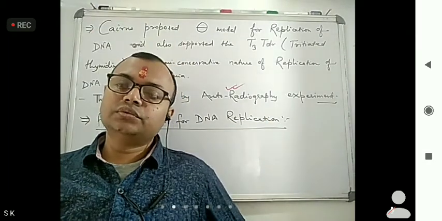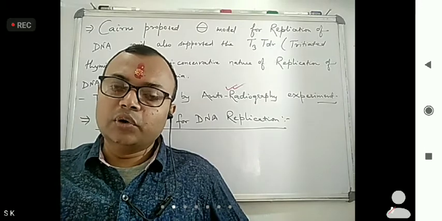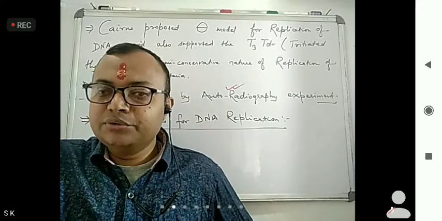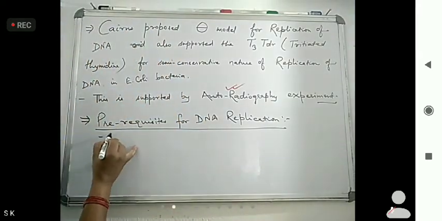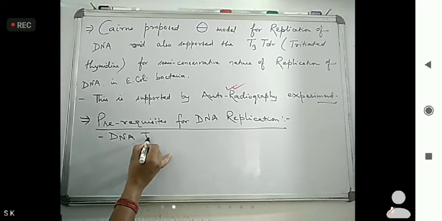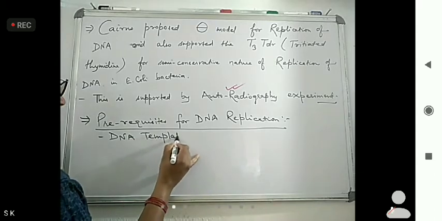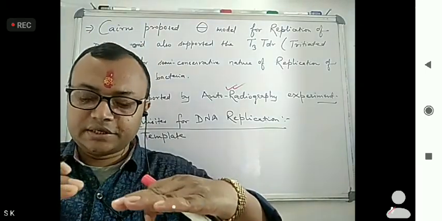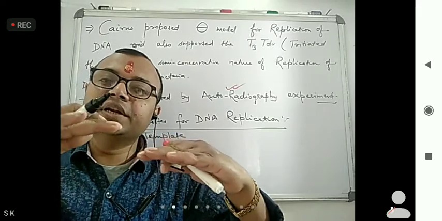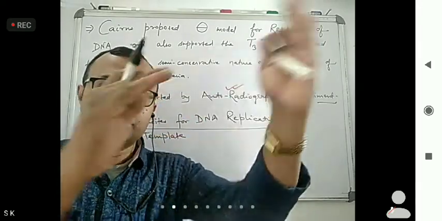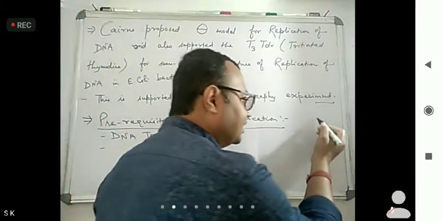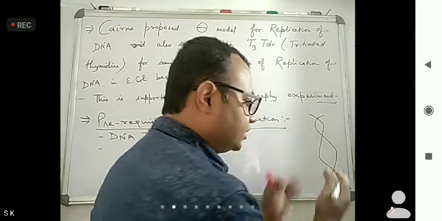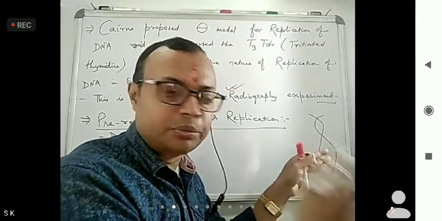First, we have to take the DNA template where the new DNA will form. Now, another thing: DNA unwinding proteins, because this DNA has a double helix model. So it has to first unwind, then replication will start, duplication will start.